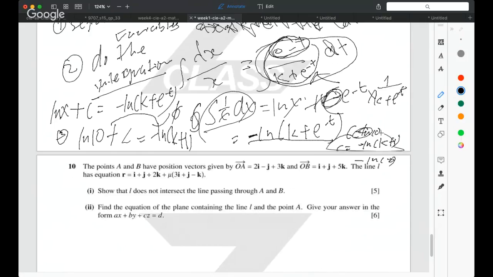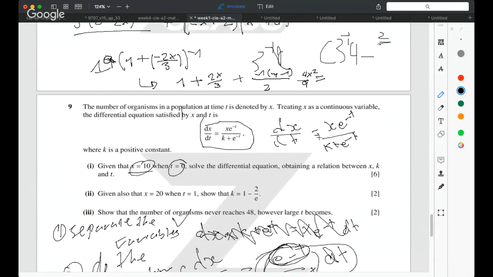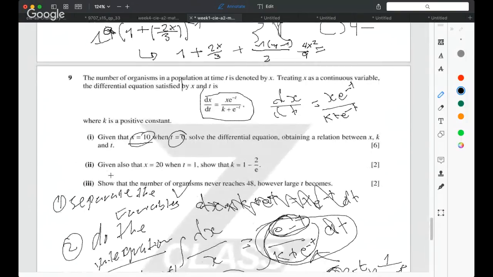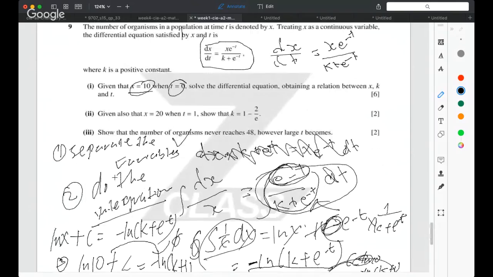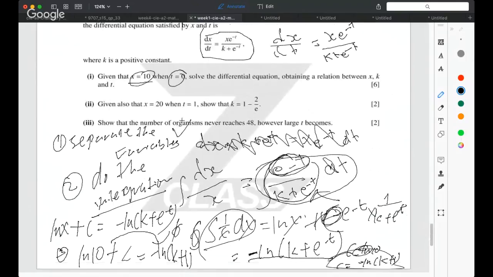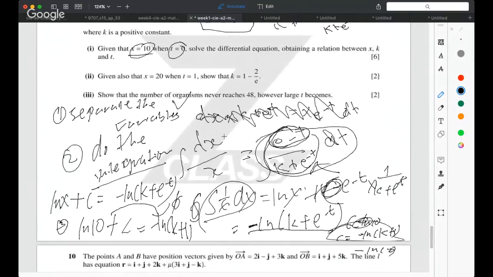Now, how do you do the second question? Can you just plug into the equation, ln x plus c, that you already have, and then calculate k? Because k is the only unknown left.